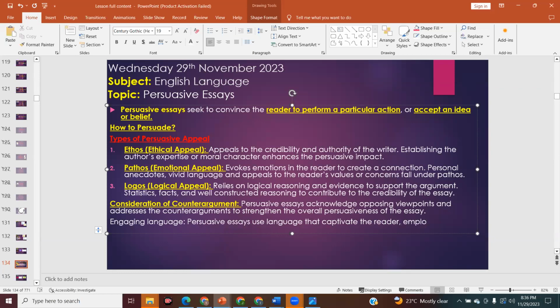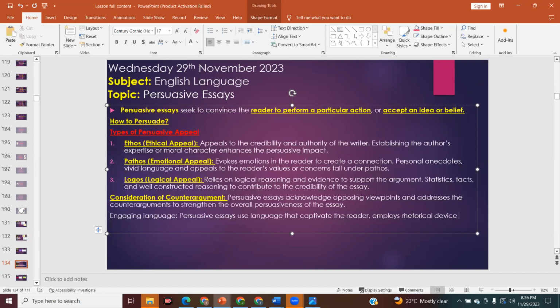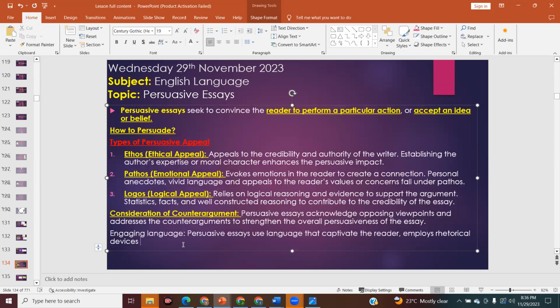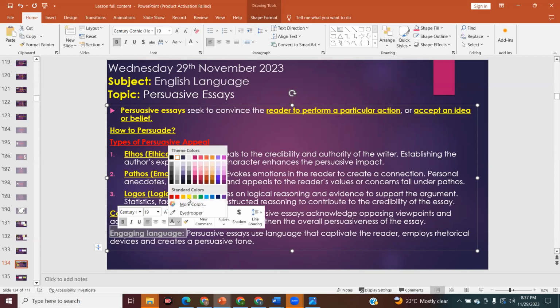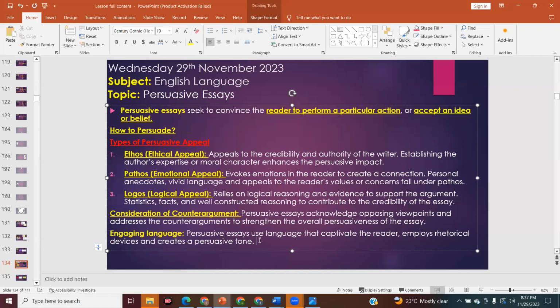It employs rhetorical devices and creates a persuasive tone. So that's what I mean by engaging language. So you have a persuasive tone, you sound like you're trying to convince them, and you're clear and they understand what you're talking about.